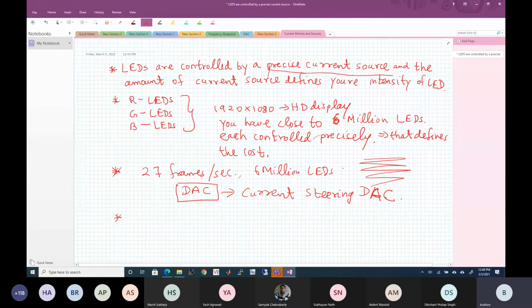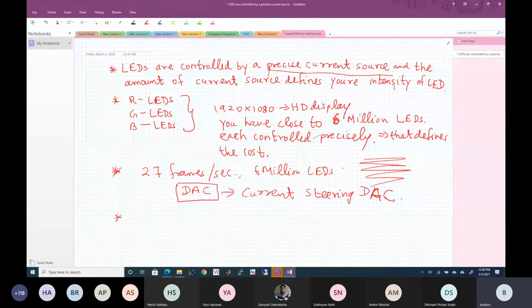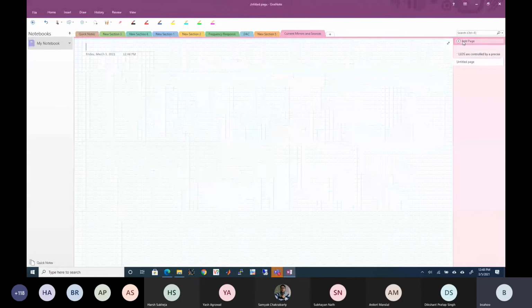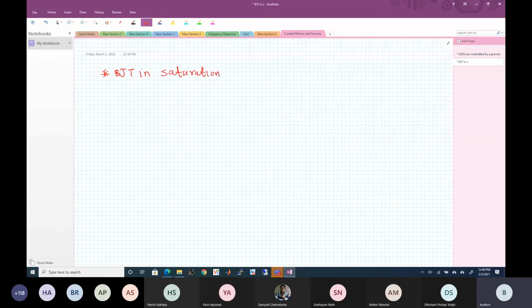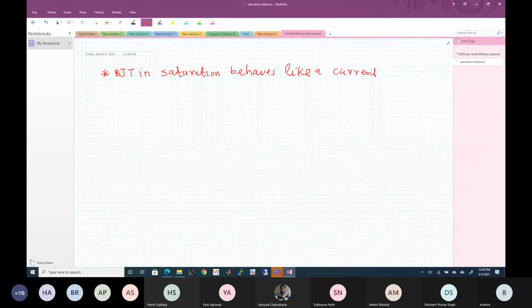Okay, so now let us see how you realize a current source. We already know that a BJT in saturation behaves like a current source between collector and emitter.